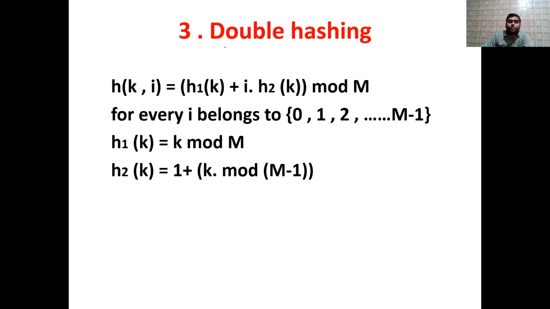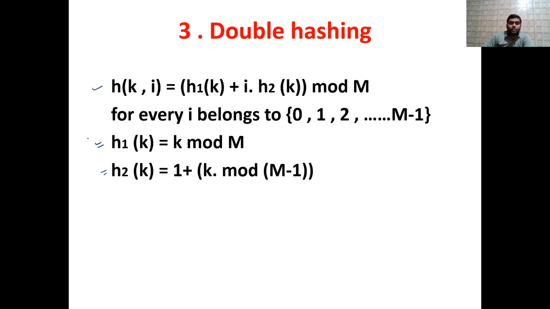Now come to double hashing. So this is the third type of hashing, right, in open addressing and open hashing. So in double hashing, we are simply using two hash functions. So h of k comma i, k is the key, i is the probe number. h1 of k, we first apply the first hash function, plus i, the probe number, times h2, the second hash function, then finally we are taking mod of m, for i belonging to 0 to m minus 1, for m chances, m probes. h1 is given as k mod m, and h2 we are assuming is 1 plus k mod m minus 1.